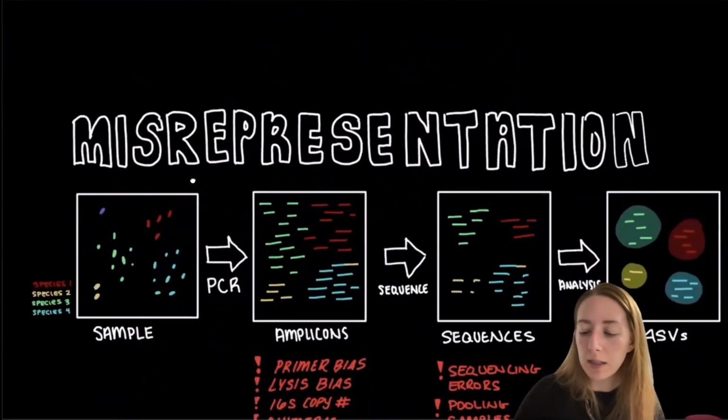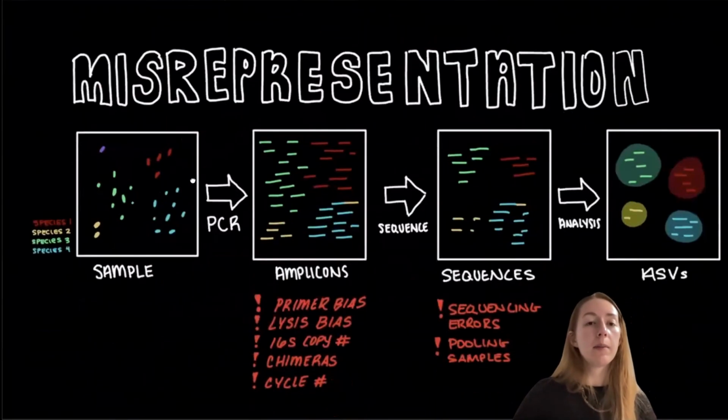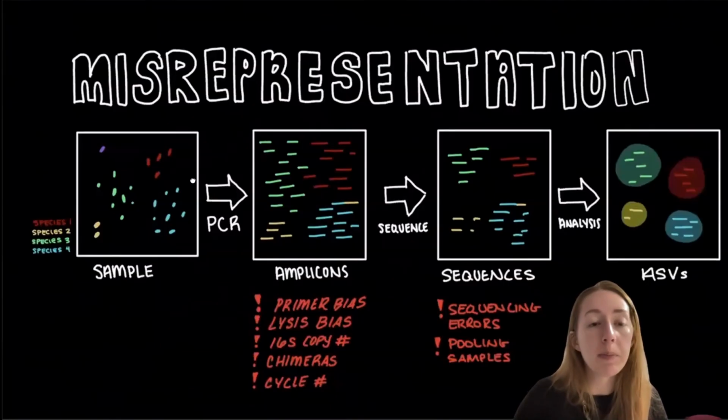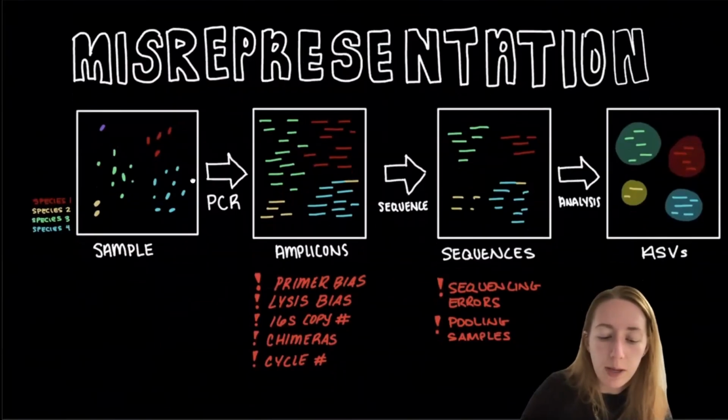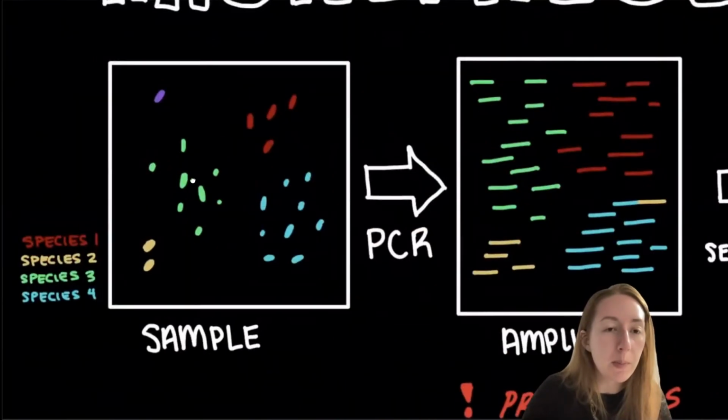And then I also wanted to say one more time how big of a problem misrepresentation can be with microbiome data and how to prevent that. We start off with our actual sample and the different species that are there.